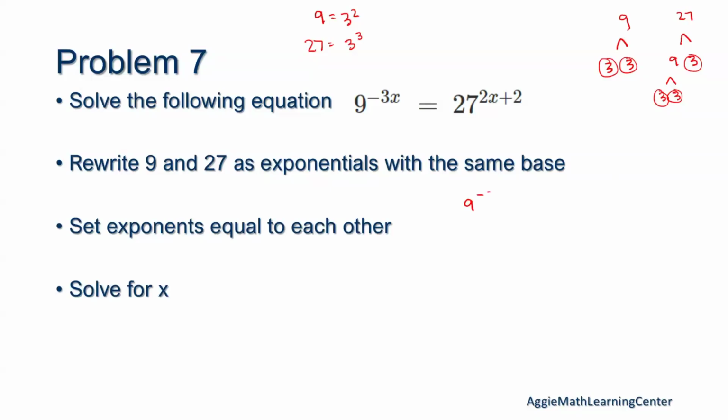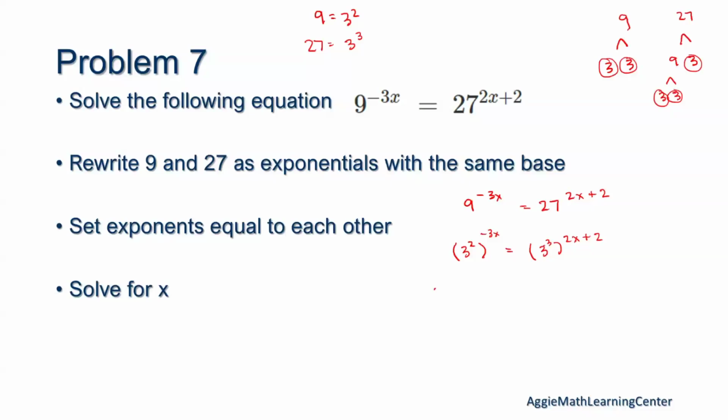So 9 to the negative 3x equals 27 to the 2x plus 2. I'm going to rewrite 9 as 3 squared, raised to negative 3x, equal to 3 to the 3rd raised to this power. When we raise a power to a power, we multiply them together.